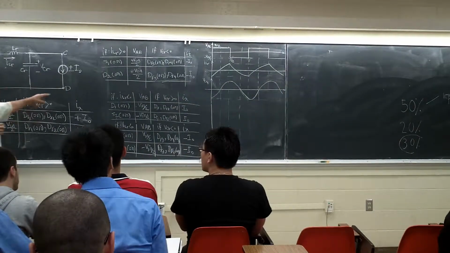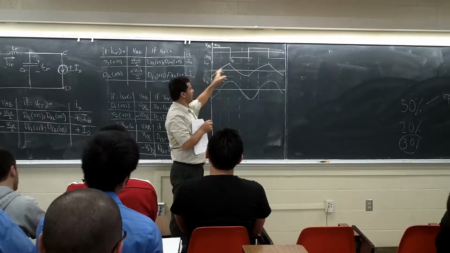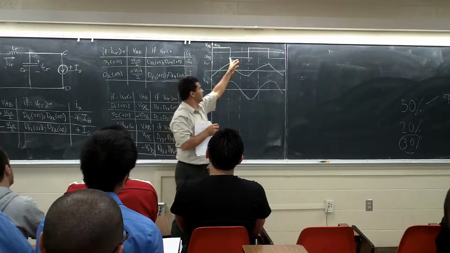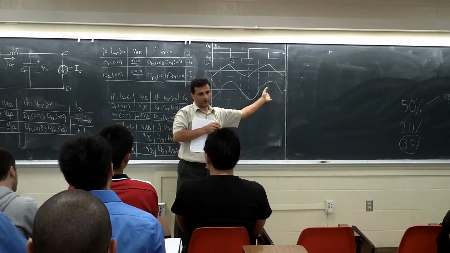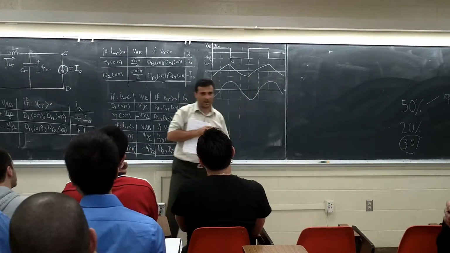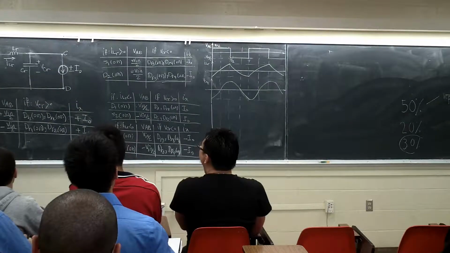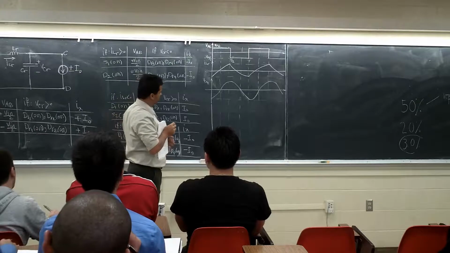Basically during this time, it's going to be positive slope, so the current is increasing. During this time, it's going to be negative slope, the current is decreasing. The detail of the equation, you can write your differential equation and find it, but we don't care about that right now.